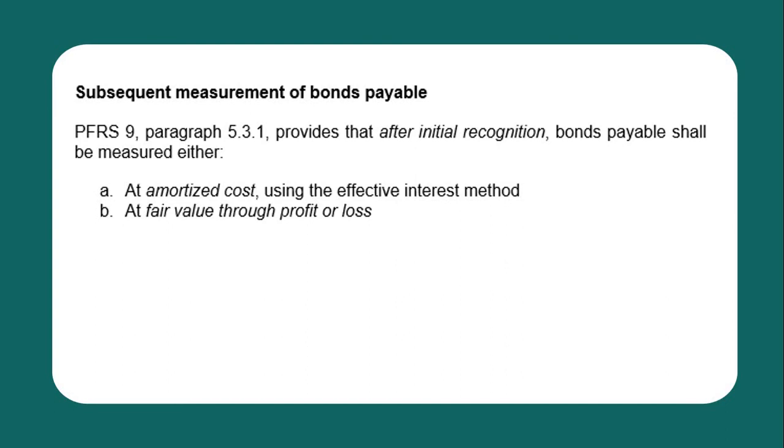For fair value through profit or loss, subsequently, there must be an evaluation of the fair value, and any changes in the fair value of the bonds shall be reported in the profit or loss. For the first item, amortized cost, we will be using the effective interest method. If there are premiums or discounts on the issuance of the bonds, then it needs to be amortized.